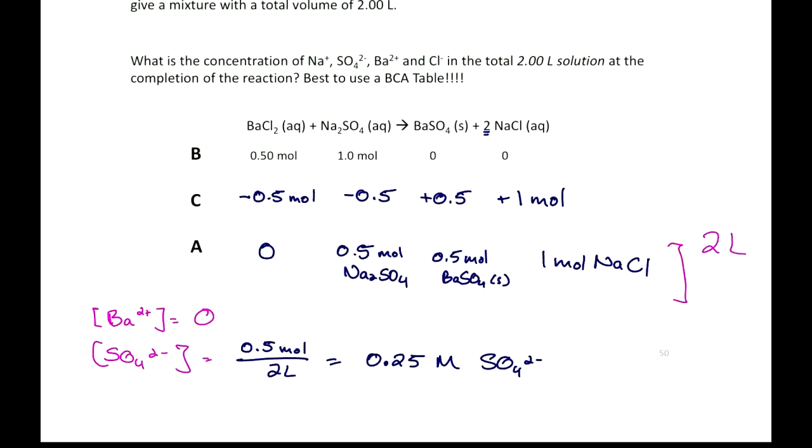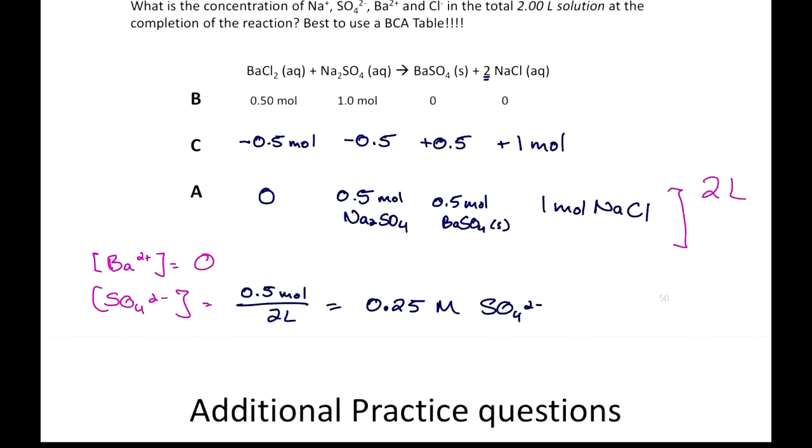What should we do next? Let's do sodium. Ask yourself, in the after line, what substances contain sodium? The only thing is sodium sulfate. If there is half a mole of sodium sulfate, how many moles of sodium are there? 1.